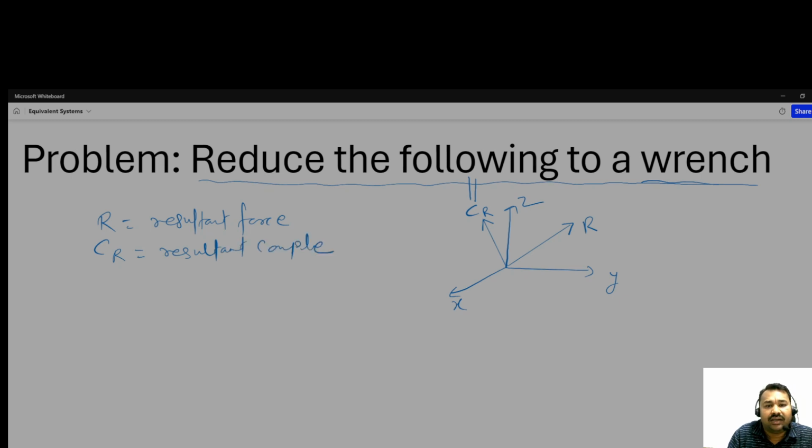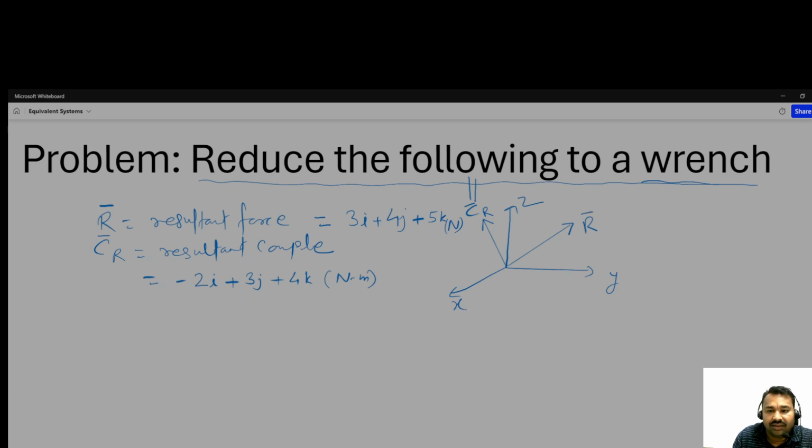It is given as 3i plus 4j plus 5k Newton. And what about this? It is given as minus 2i plus 3j plus 4k Newton meter, and these are vectors.